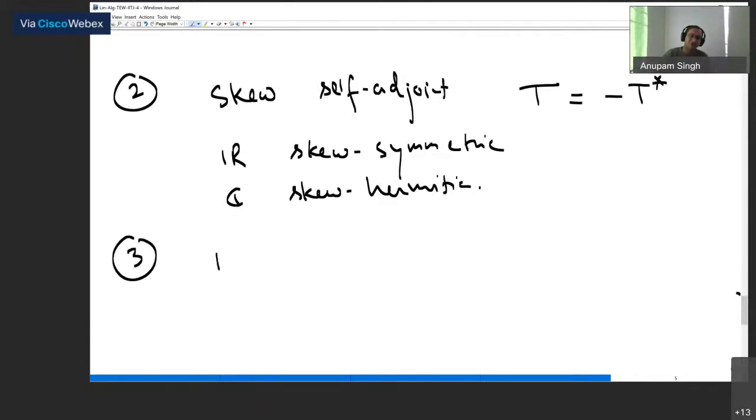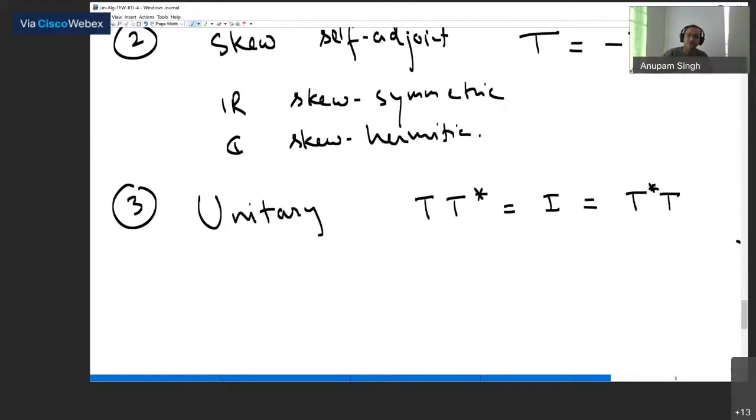More generally, this is called unitary, and the unitary operator is the one for which T times T star is identity, which is equal to T star times T. If you follow the notation I defined yesterday, in the real case, this is what you call orthogonal matrices or orthogonal transformations.